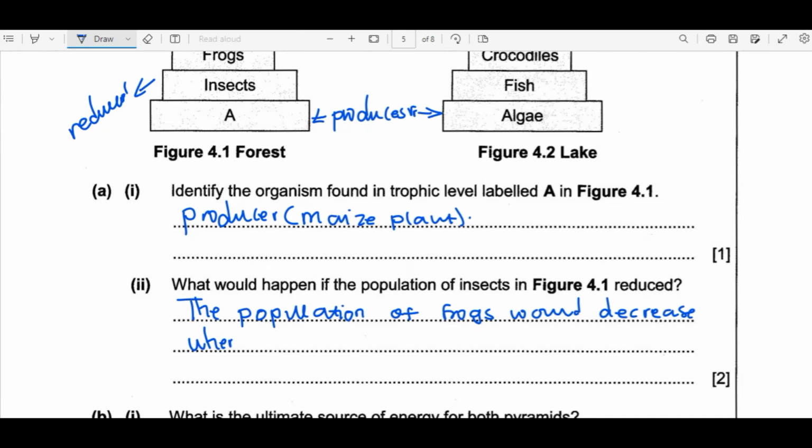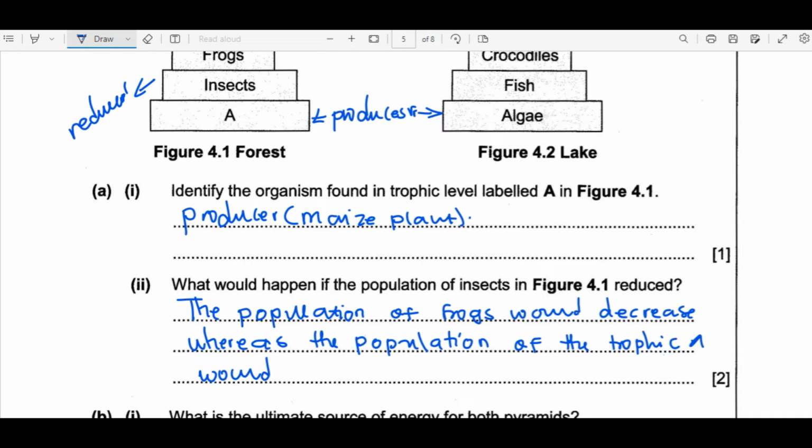whereas the population of trophic level 4 would increase.